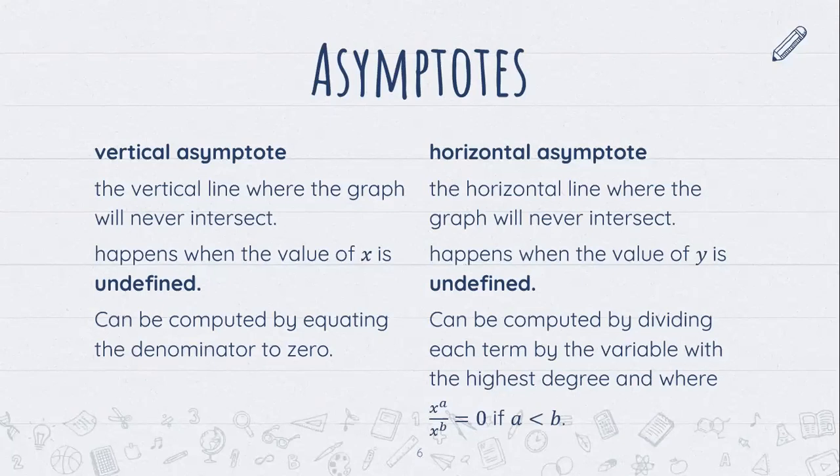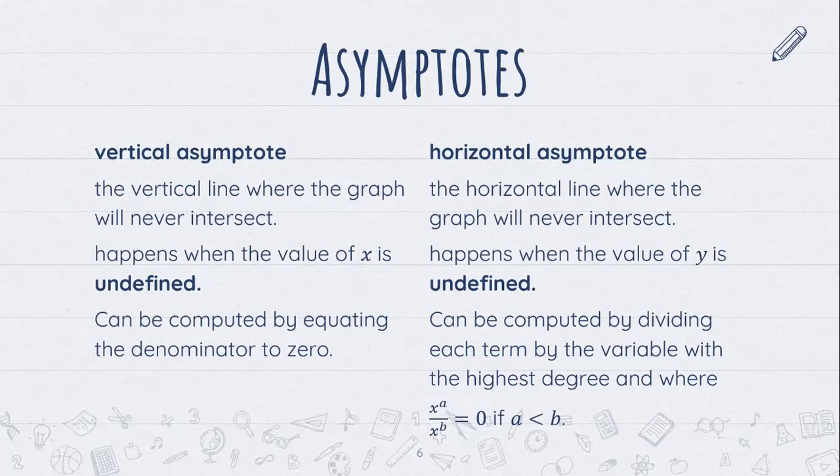O halimbawa, 2x. 2 times x lang yun, di ba? Pero ang x dapat natin ay whole number. So hindi tayo pwede magkaroon ng 3 kasi ang 3 ay hindi naman multiples of 2, di ba? So, si 3 hindi natin pwedeng makita doon sa value of y. So mag-undefined tayo doon. Okay?